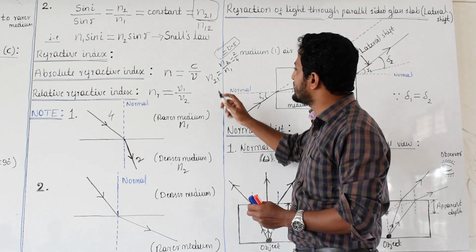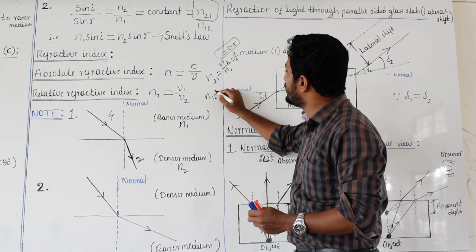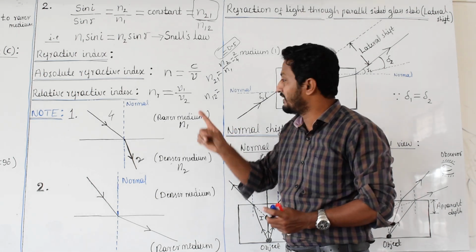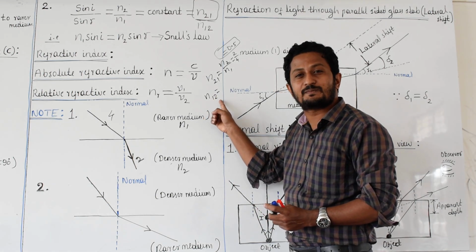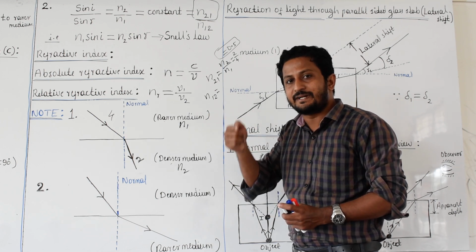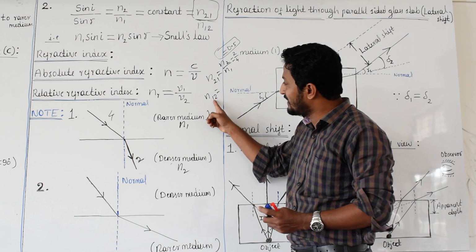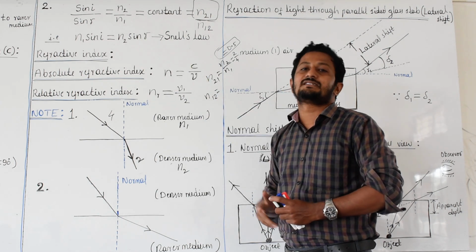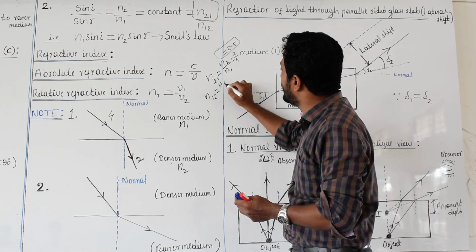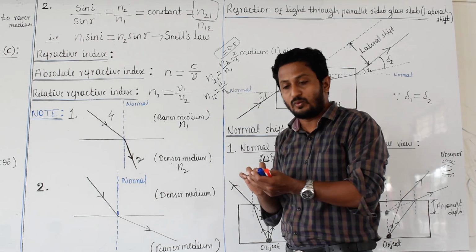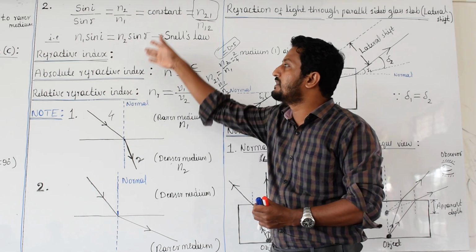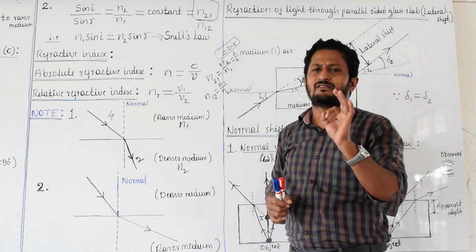Suppose n12, what does it mean? n12 means the refractive index of the first medium with respect to the second medium. Now you are comparing the speed of light in the first medium with respect to the second medium. This n12 we can write as n1 by n2. Have you understood? This is about refractive index, very important.